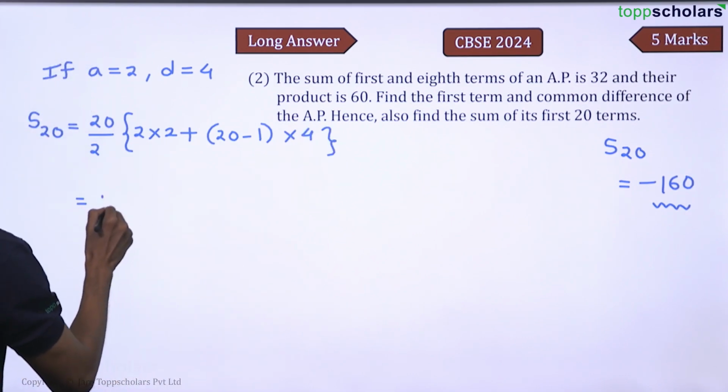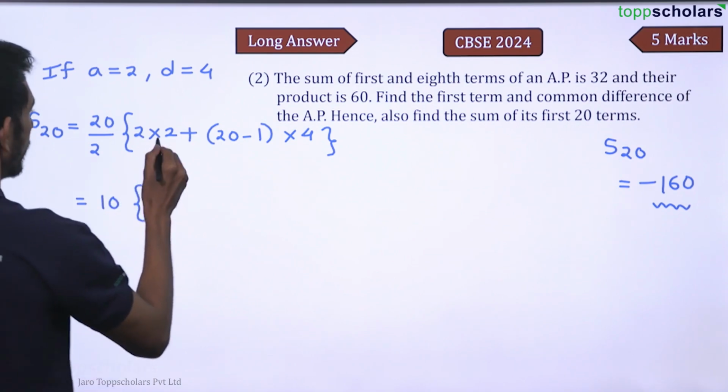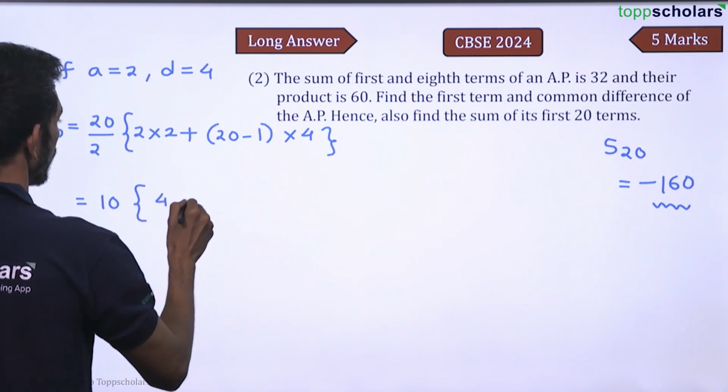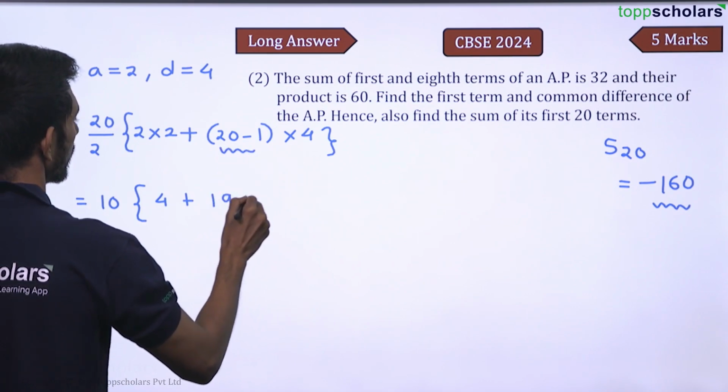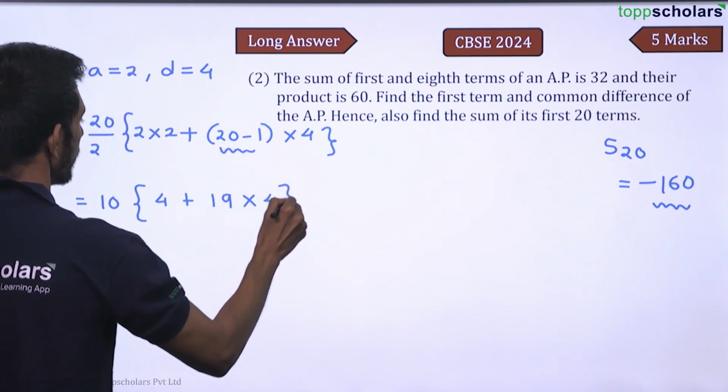So that is equal to 10 into 4 plus 19 into 4, right?